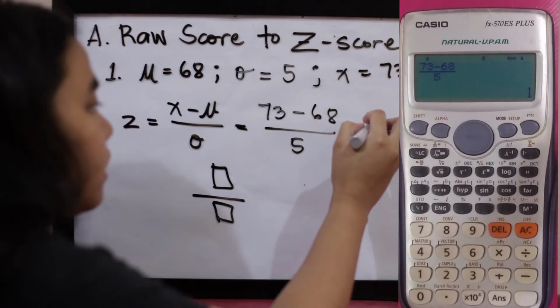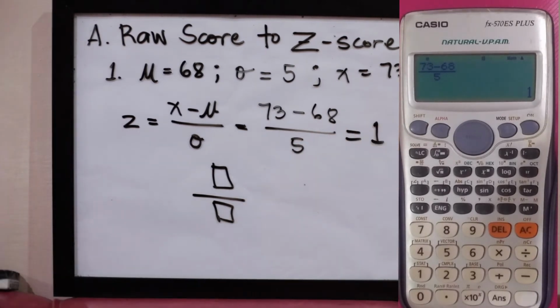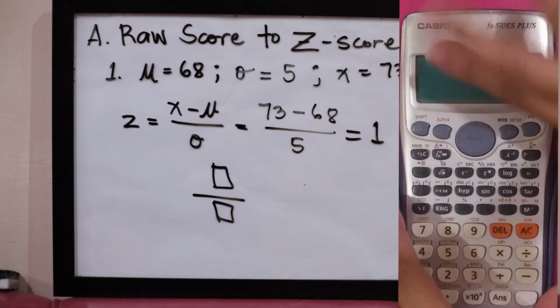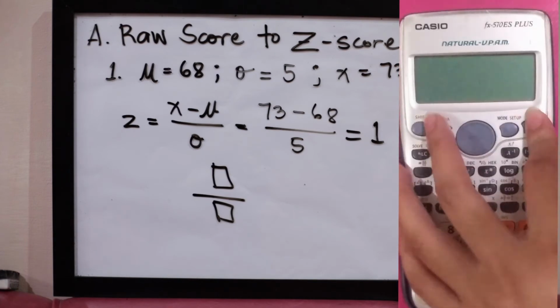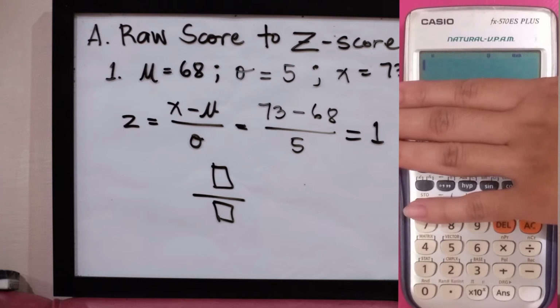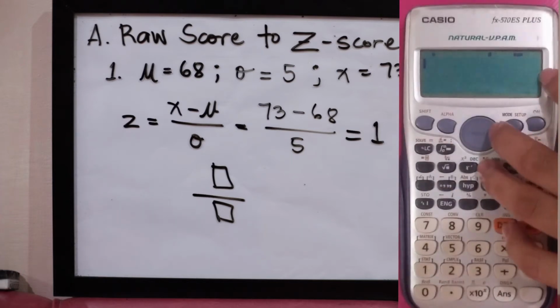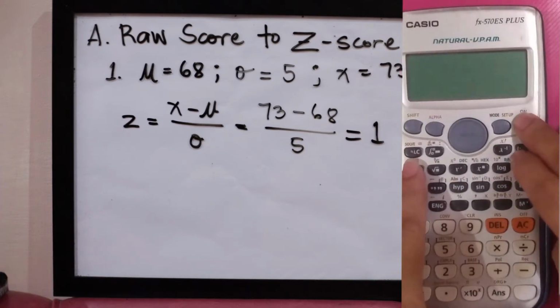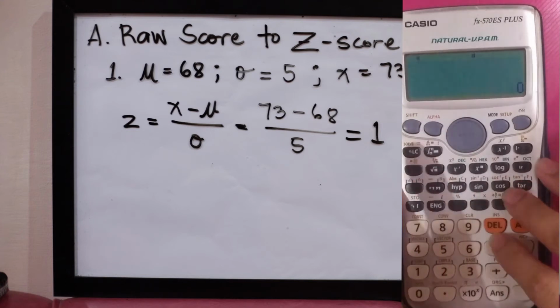But if you have a 2-liner calculator, it means your screen should be like this. You have a smaller screen compared to this one. If that is the case, the display in your calculator should look like this.